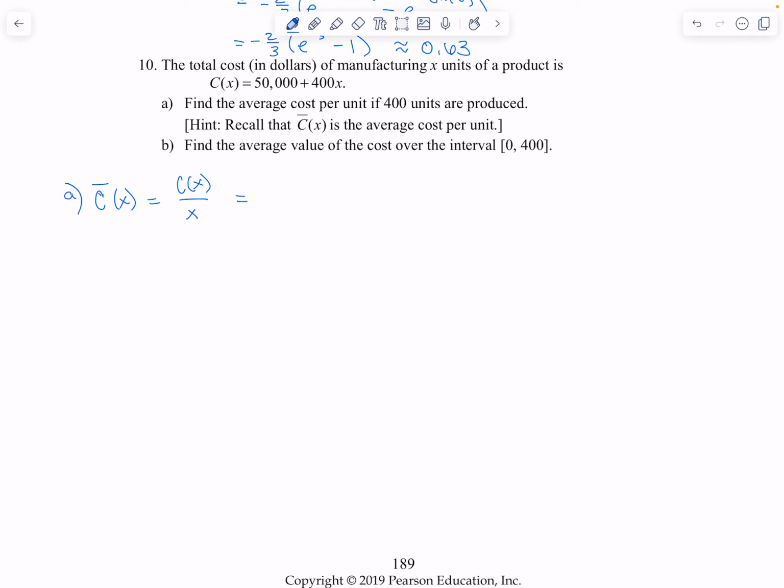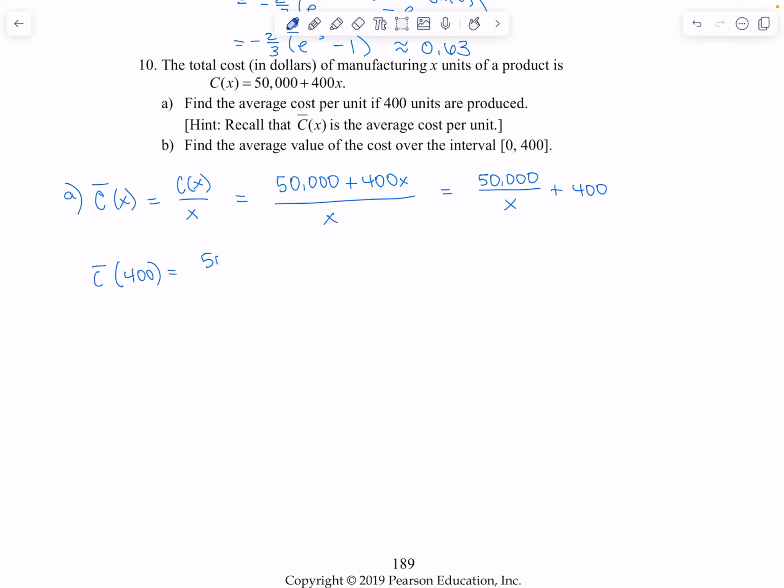So this is going to give us 50,000 plus 400x over x, which we could also write as 50,000 over x plus 400. So if we want to know the average cost if 400 units were produced, we're looking for C bar at 400.